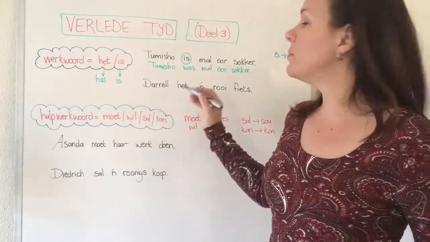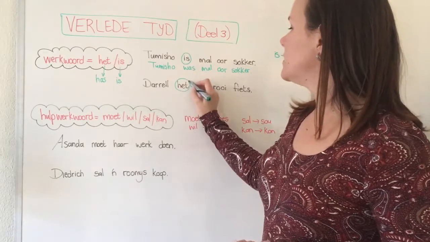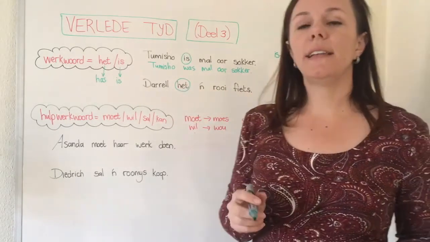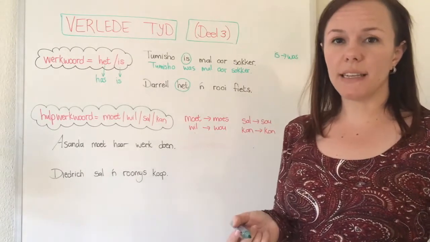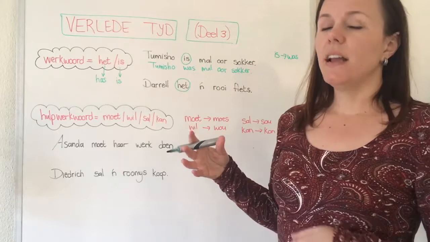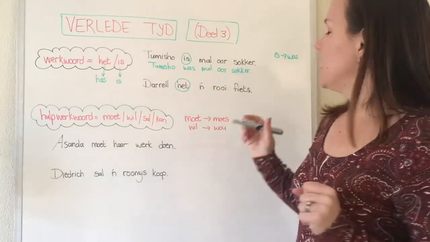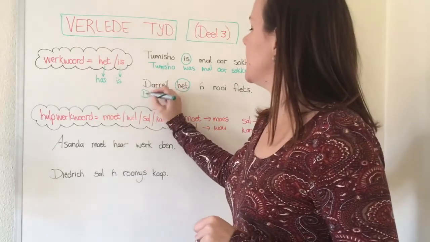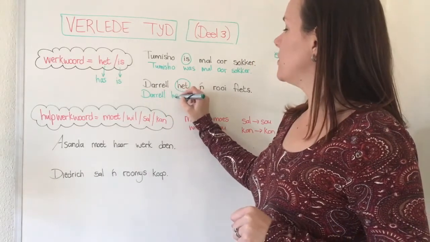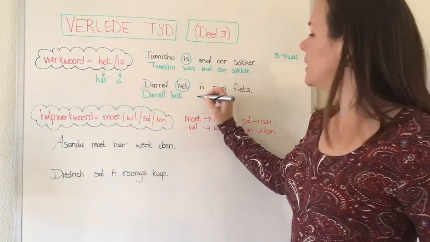Now when my verb is het, let's look at this example. Daryl het 'n rooi fiets. Daryl has a red bicycle. In English, has will become had. Now it's almost the same in Afrikaans. What we do is we say Daryl and we add het like we normally do.